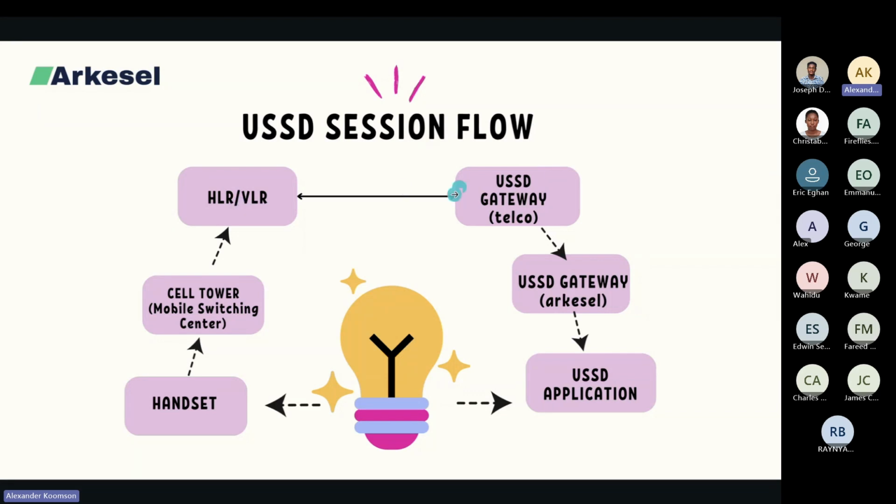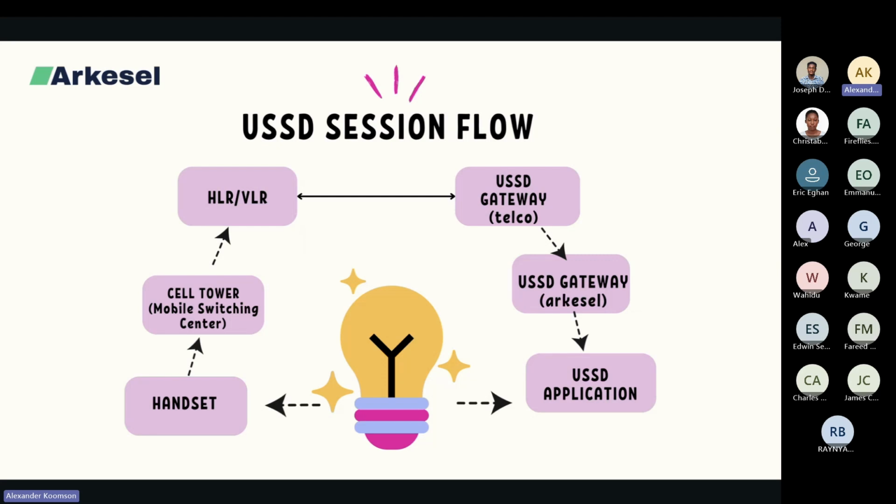So now when it gets to the telco, the telco then forwards it to Akisel, in this case, because Akisel is a partner that provides USSD services, but it could be any USSD provider basically. So what the telcos do is that on their gateway, they configure Akisel's gateway as a client or as a customer to their USSD services.